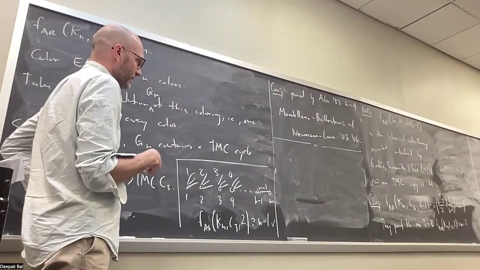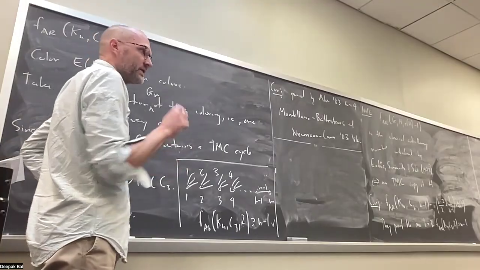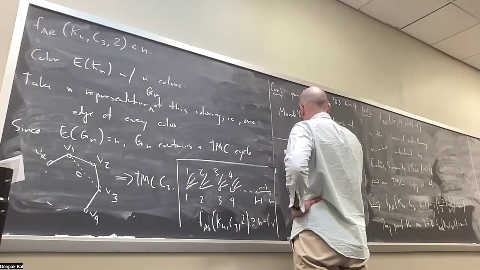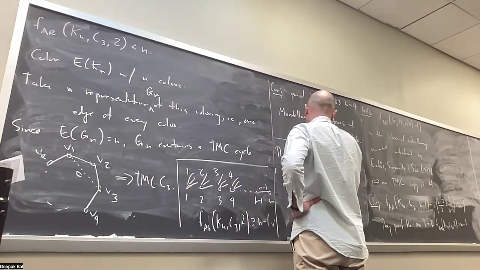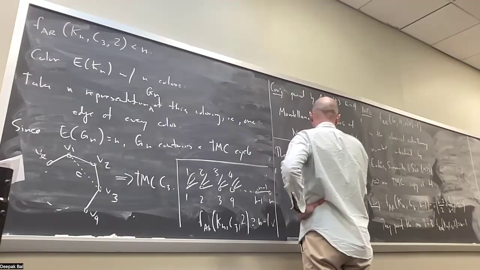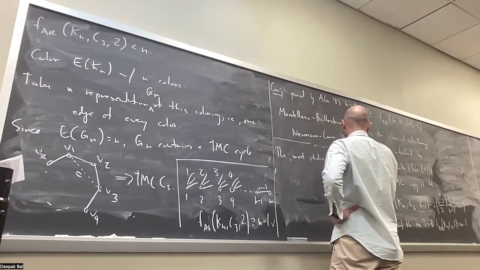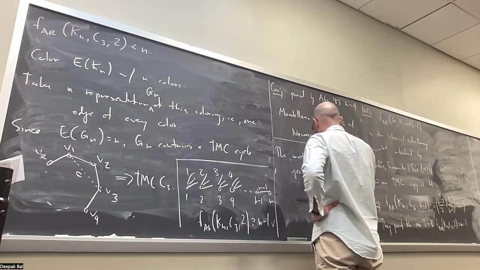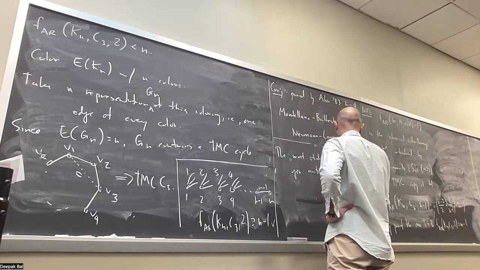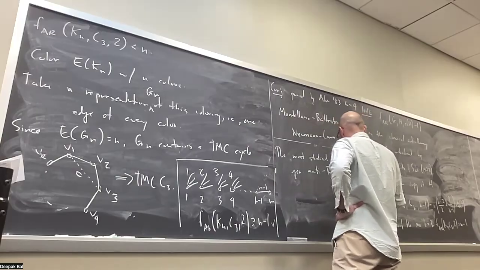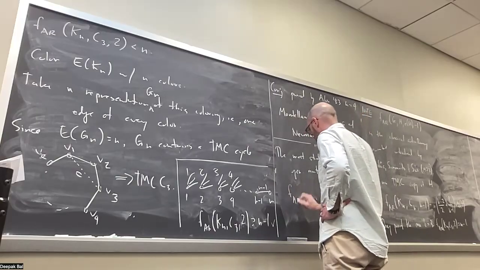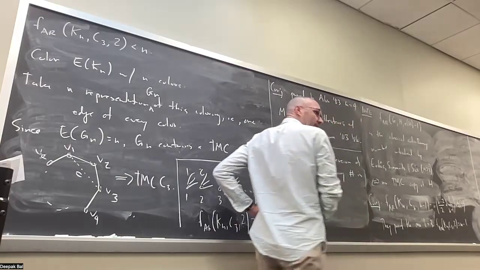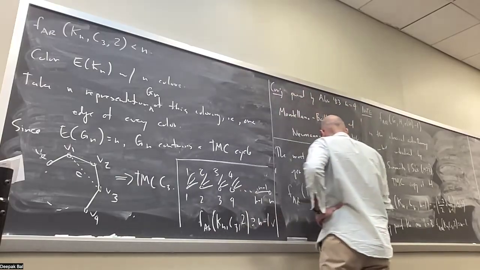the generalized anti-Ramsey number. It has been studied before, sort of rather sporadically. So the most studied version of the generalized anti-Ramsey number is when both your host graph and your smaller graph are both complete, right?